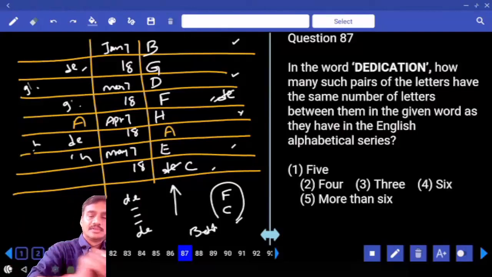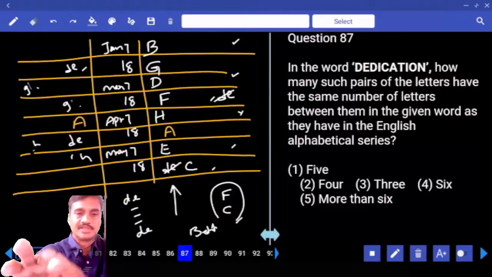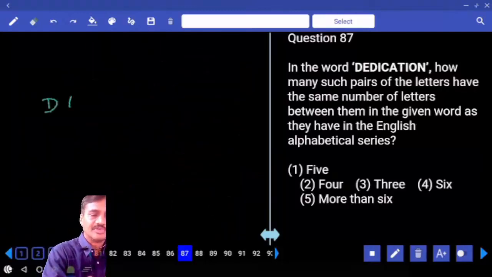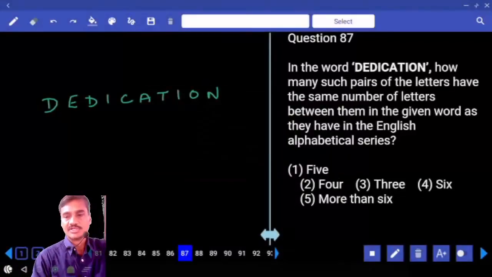Then 87. Now in the word dedication, how many such pairs of letters are there in the word? Now if you start with this one D, dedication, total number of pairs we need to find out. DEDI, CA, TI, ON. Now how many such pairs of letters are there with the same number of letters between them in the English alphabet?